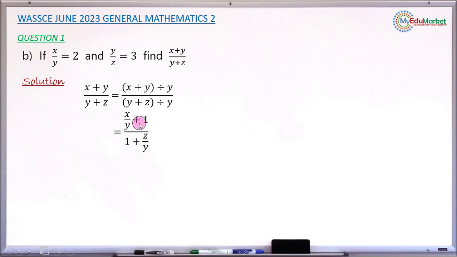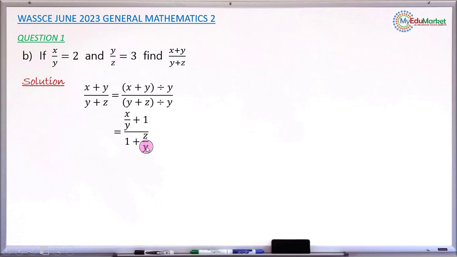You can see in this fraction I have x over y, which I can replace by the number 2. But the second one I have is z over y instead of y over z. But y over z and z over y are simply reciprocals of each other.